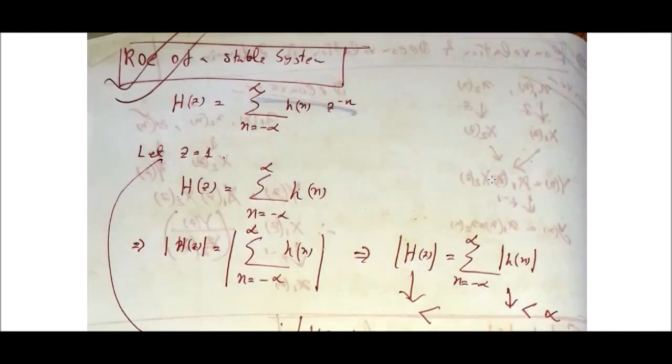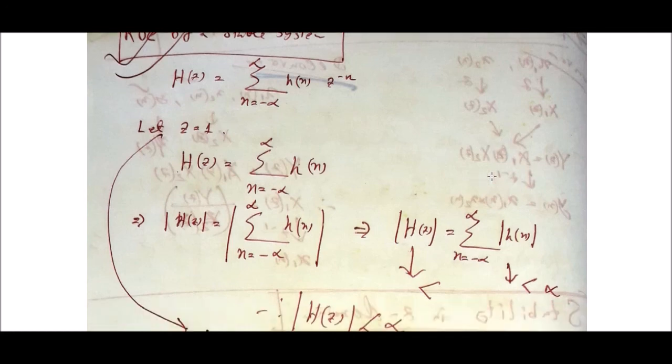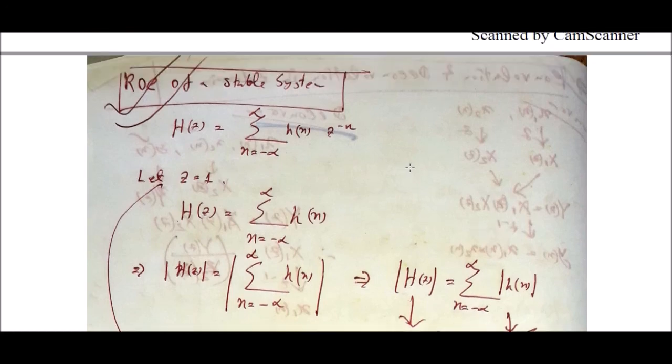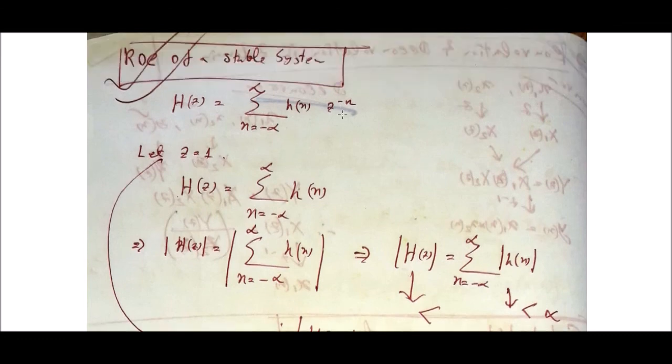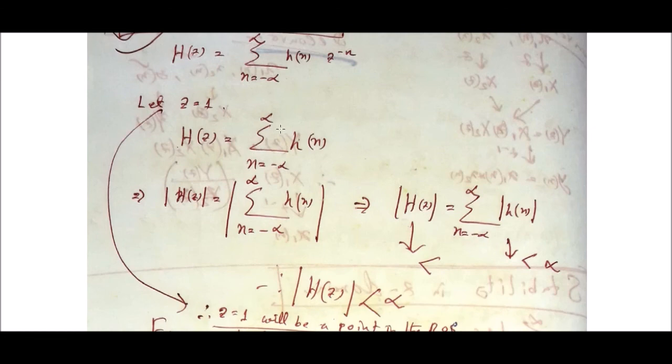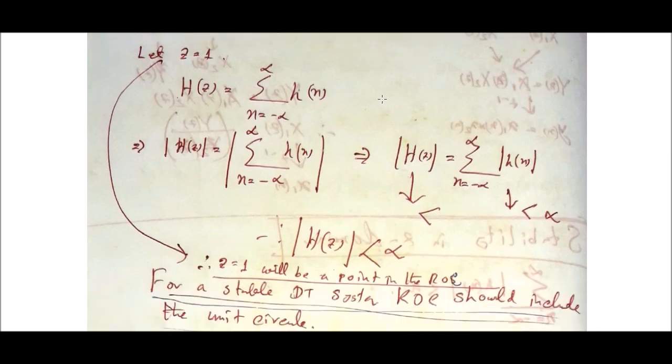Now, the ROC of a stable system. You know that the Z transformation of the impulse response is nothing but the transfer function. Let us consider z equal to 1. It will become the summation of all samples of h(z), small h. Take the magnitude of both sides and you will obtain this.